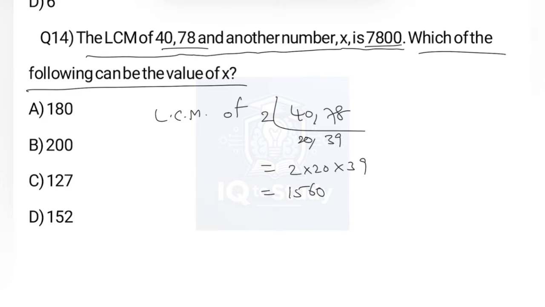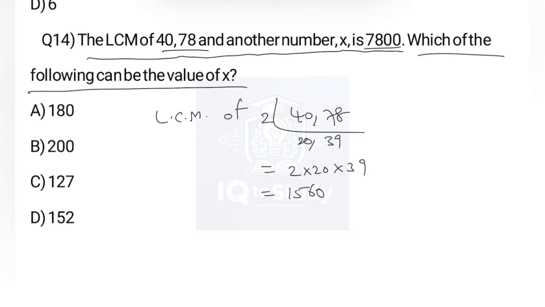And given LCM is equal to 7800. So, LCM of 1560 and x will be equal to 7800 according to the question. Let's check with options.